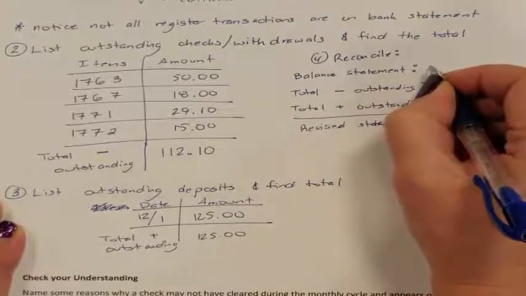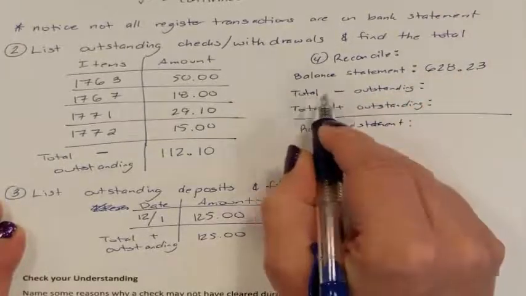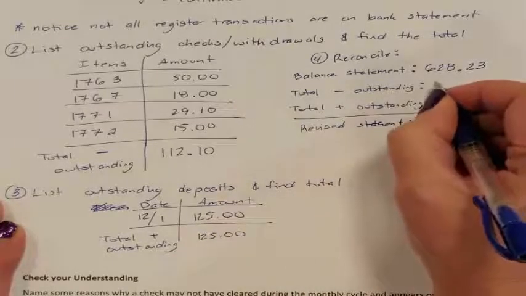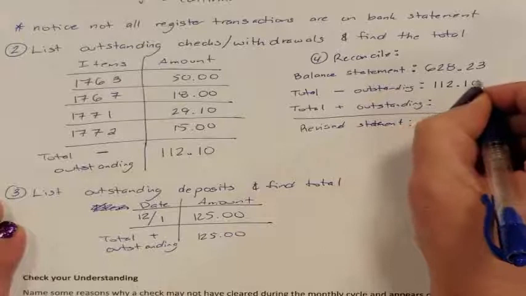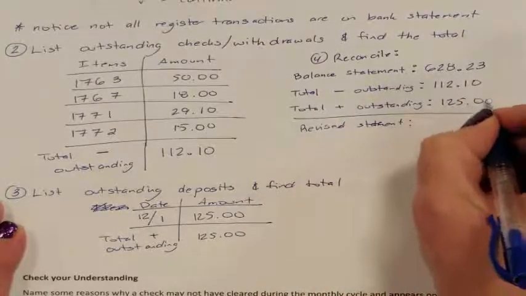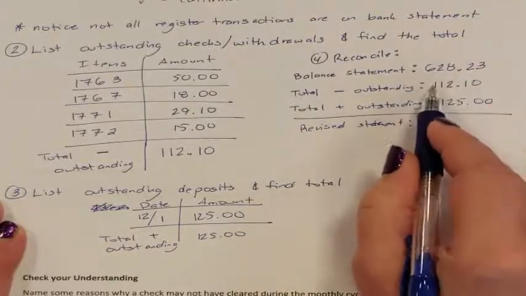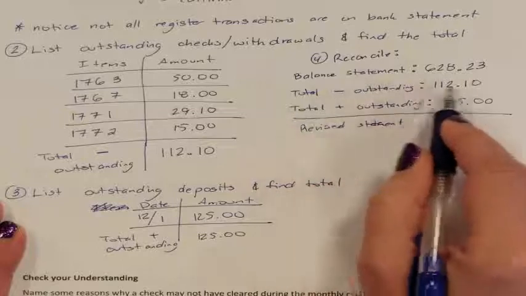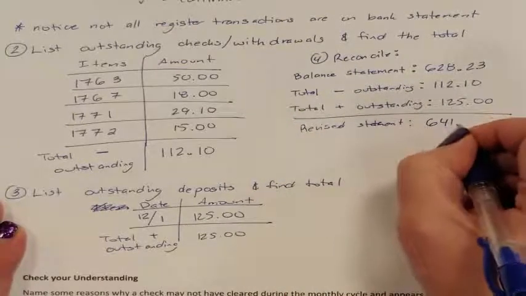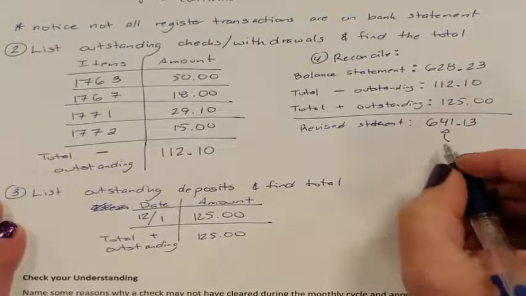The bank said I had $628.23, but that did not count what I said that I still needed to withdraw, which is $112.10. It also did not count the $125 that I said that I needed to deposit. So if this is what the bank said, these were the missing taken outs and addings. My total is $641.13. This should match my register.